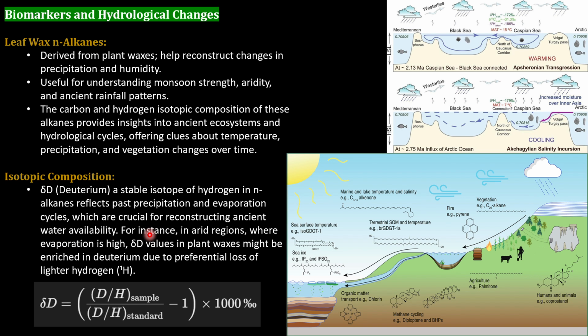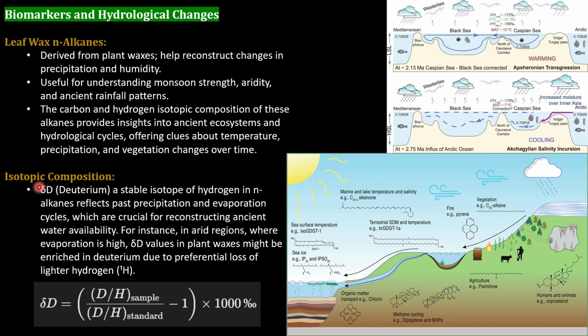This is the biomarker of hydrological changes. Leaf waxes also give whether there was monsoon or ancient rainfall, so they reconstruct the past precipitation and humidity.